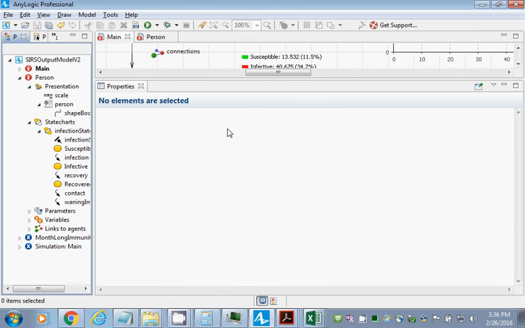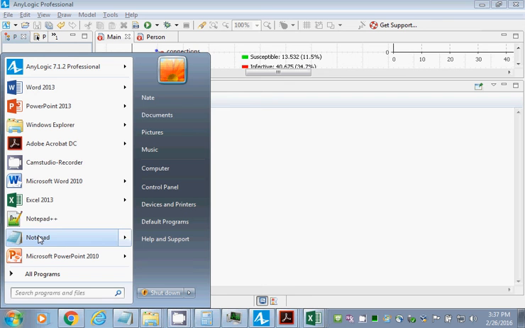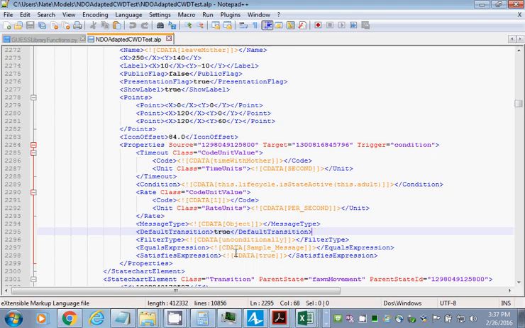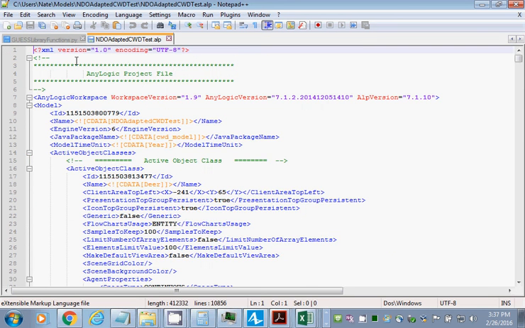XML is a textual representation format, and you'll notice that there's documentation on the model in here and information on different types of dimensions used, etc. Now, there's also a reference to the AnyLogic version that was used to create it, and the ALP version similarly.